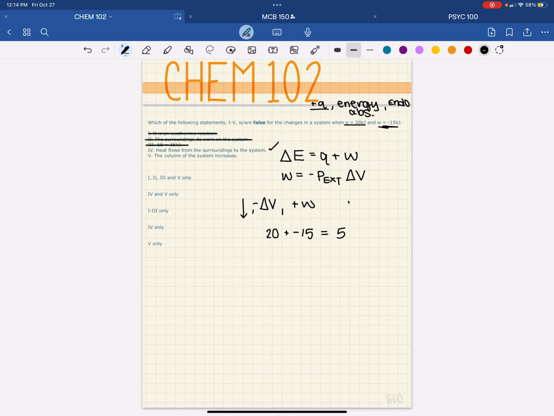For work to be negative, delta V needs to be positive, and therefore V final must be larger than V initial, and therefore it must expand. If it expands, the volume would increase. So 4 and 5 are correct. This question asks for which is false, so that means 1, 2, and 3 are incorrect.